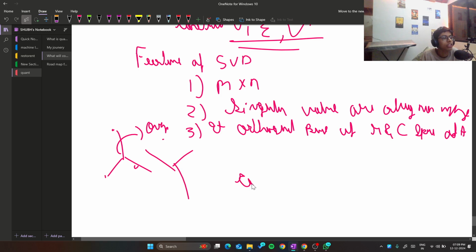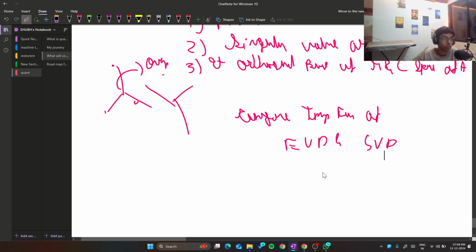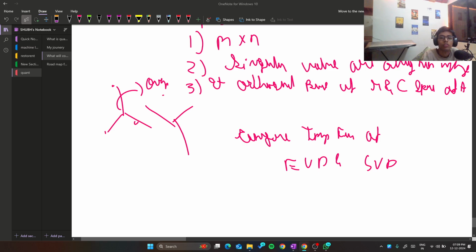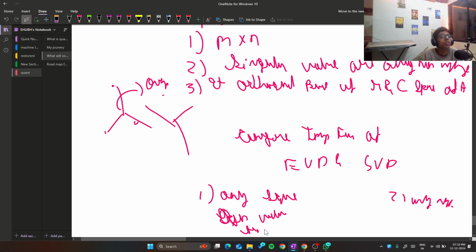Let's compare the important features of EVD and SVD. EVD works only for square matrices, while SVD works for any matrix. Here the eigenvectors from Q are orthogonal, and here U and V are orthogonal.